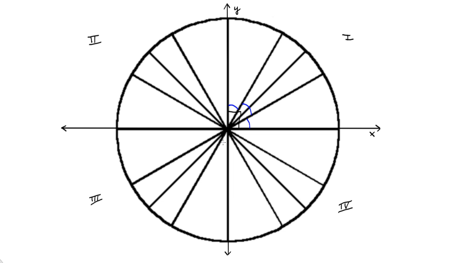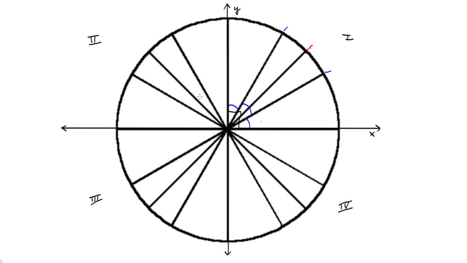So each of the 90 degrees is split into three sections based on these lines here, this line and this line. And we also have the midway point in the 90-degree quadrant as well.